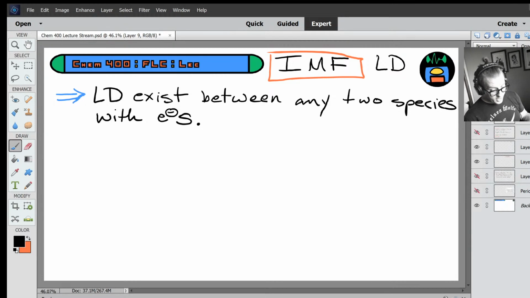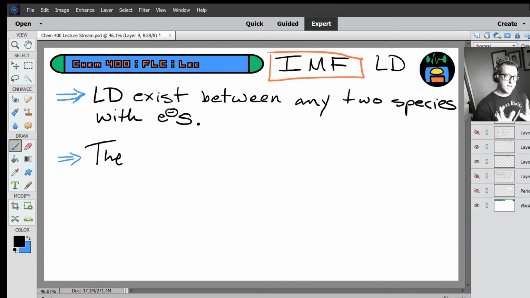Something you should keep in mind about London dispersion forces is there is a bit of a tiebreaker. All right, so something else you should know about London dispersion forces is the following. Remember that London dispersion forces are based on temporary partial charges.